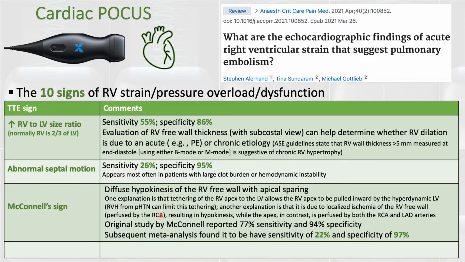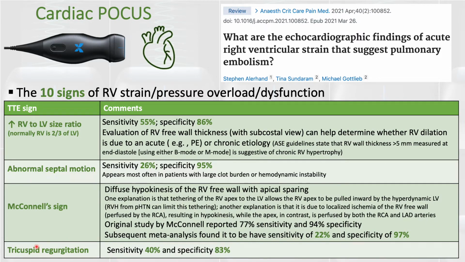We really don't know exactly why it happens, but part of this could be because of the tethering of the right ventricular apex to the left ventricle, which allows the right ventricle to be pulled inward by the hyperdynamic left ventricle that usually occurs in pulmonary embolism. Also, some people advocate for ischemia to that area that makes this right ventricular free wall not move. But regardless, I think it's a very useful sign to look for.